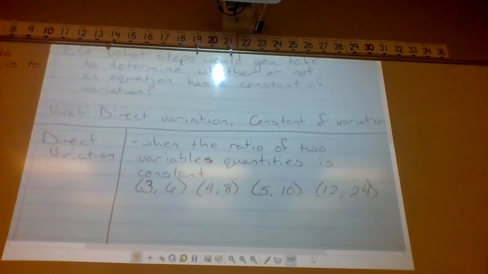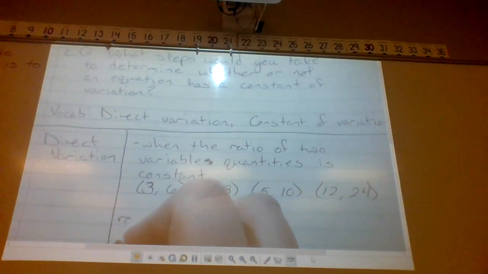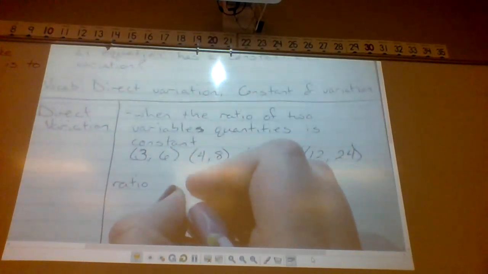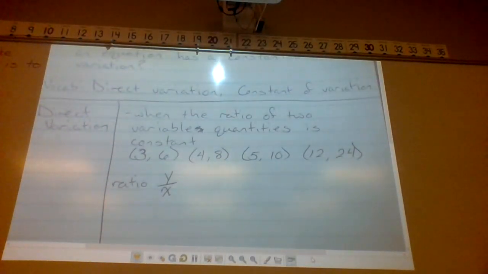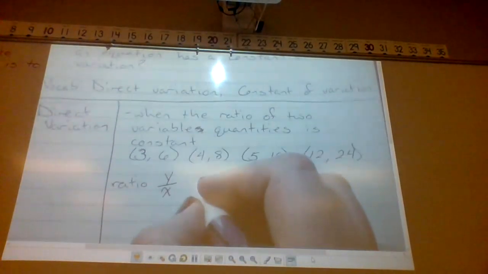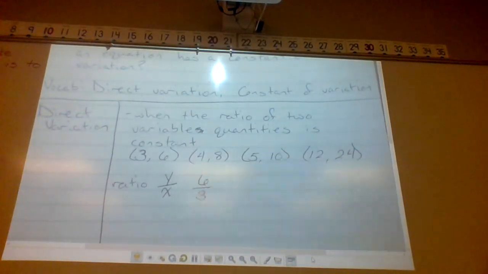When the ratio of two variable quantities is constant, the ratio is always going to be put as Y over X every single time. So look at the first ordered pair. Which one's the Y? 6. What is 6 over 3? 2.